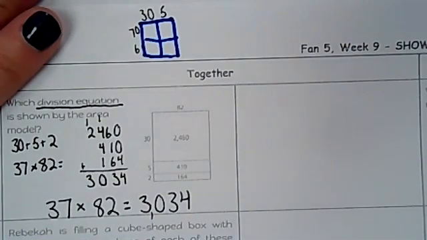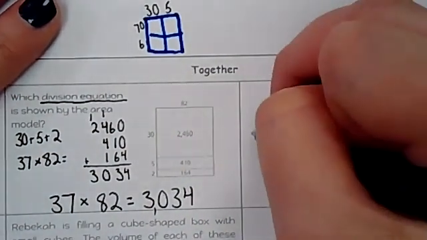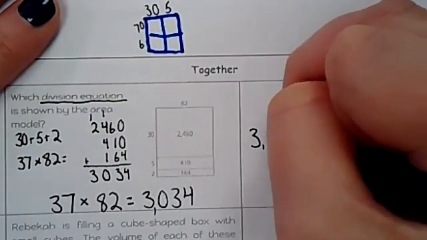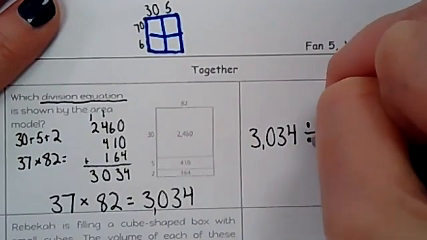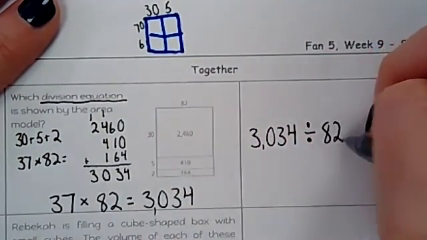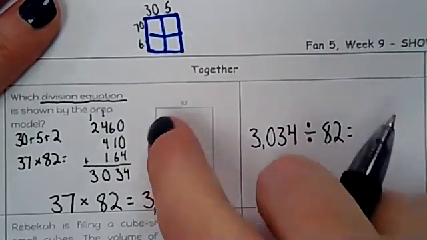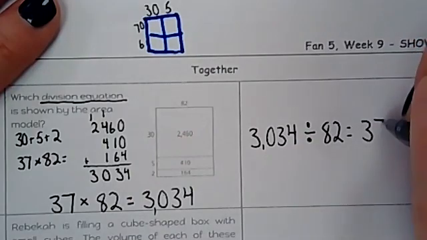So you know that division is the opposite of multiplication. So you're going to take 3,034 and divide it by, how about we just divide it by 82? Divide it by 82, and the answer is going to be 30 plus 5 plus 2, which is 37.